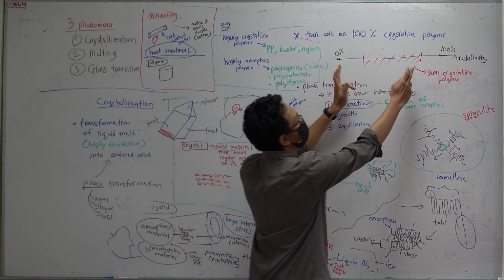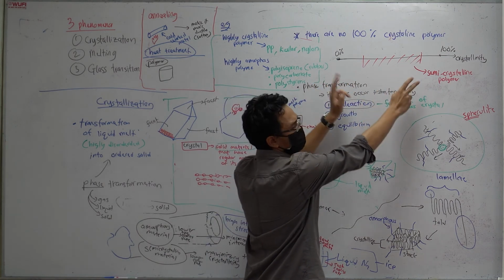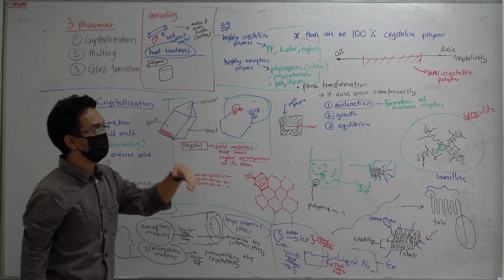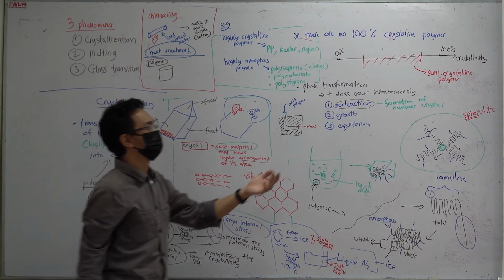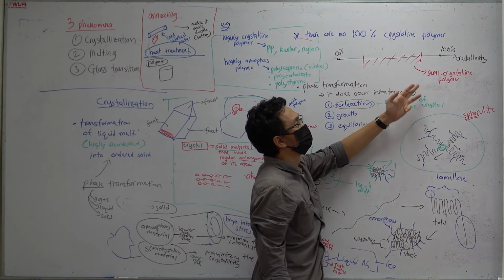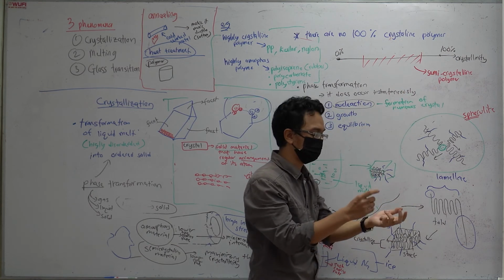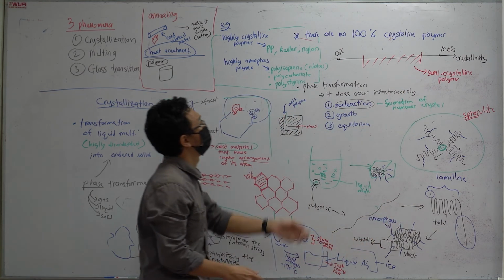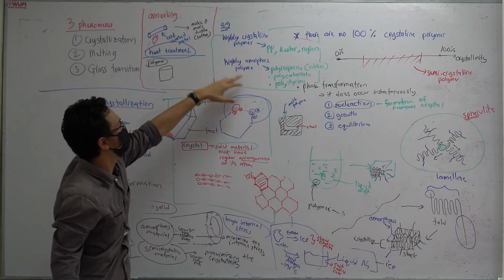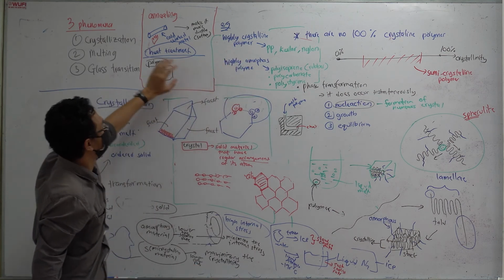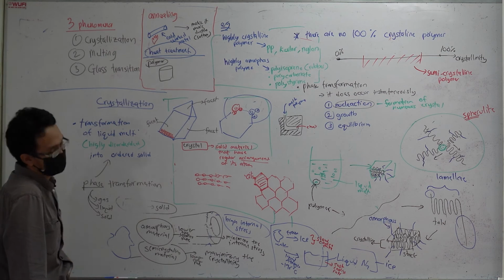It is typically in the middle, between two extremes. Normally we call polymer semi-crystalline, because inside the polymer there is some crystal and some amorphous. We gave examples of highly crystalline and highly amorphous polymers, and then introduced the concept of annealing.